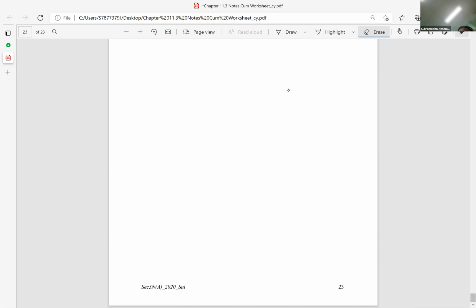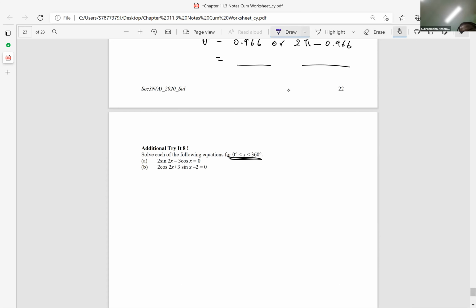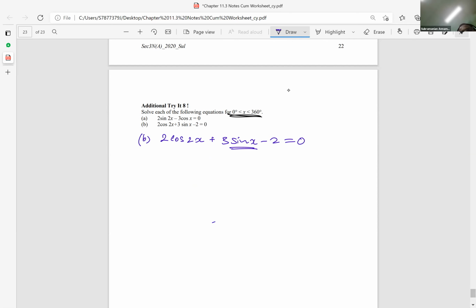Okay, so let's do B. You have 2 cosine 2x plus 3 sine x minus 2, like what you have done previously. The objective is to make it quadratic here. So you have to choose 1 minus 2 sine squared x so that it becomes quadratic.